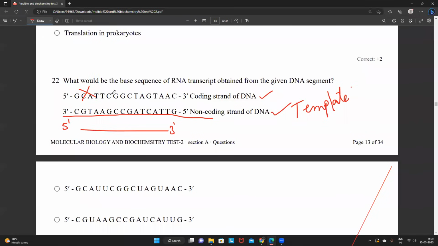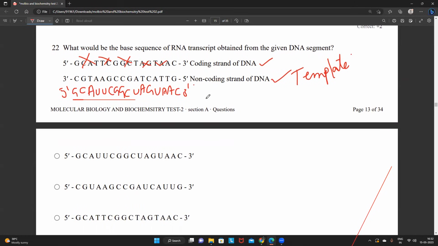So you won't use this strand, because this is the same strand, same direction as the mRNA. So how can we use this? You can't use this, right? We have to use only 3 prime to 5 prime. Now you only see the opposite. So 5 prime, C pairs with G, G with C, T with A, A with U: U, C, G, G, C, U, A, G, U, A, C, 3 prime.